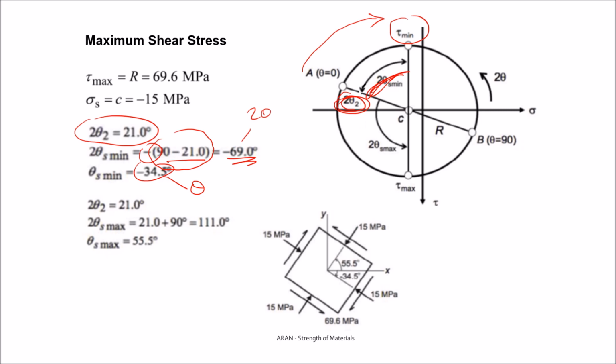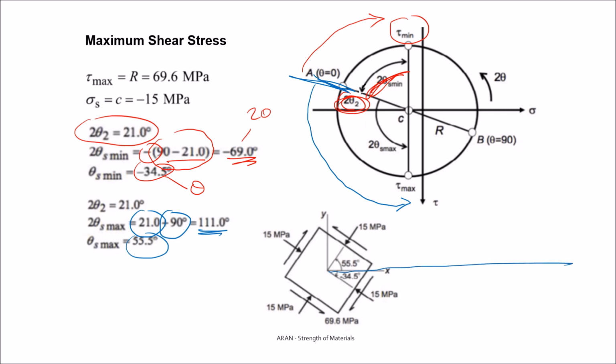And in order to find maximum, this is my reference plane. I have to move this way, and that is, as you see, 21 plus 90, 111, half of it, 55.5. Okay, that's my reference point.